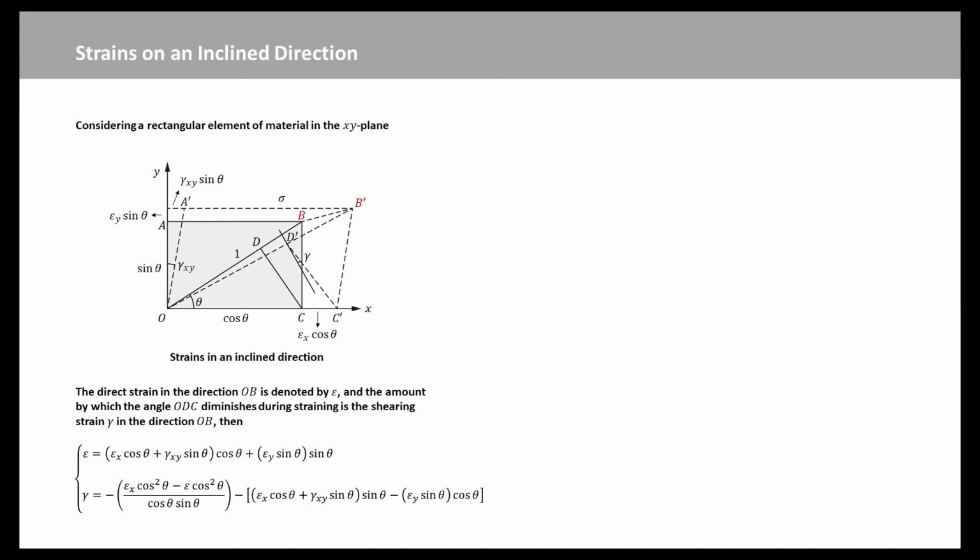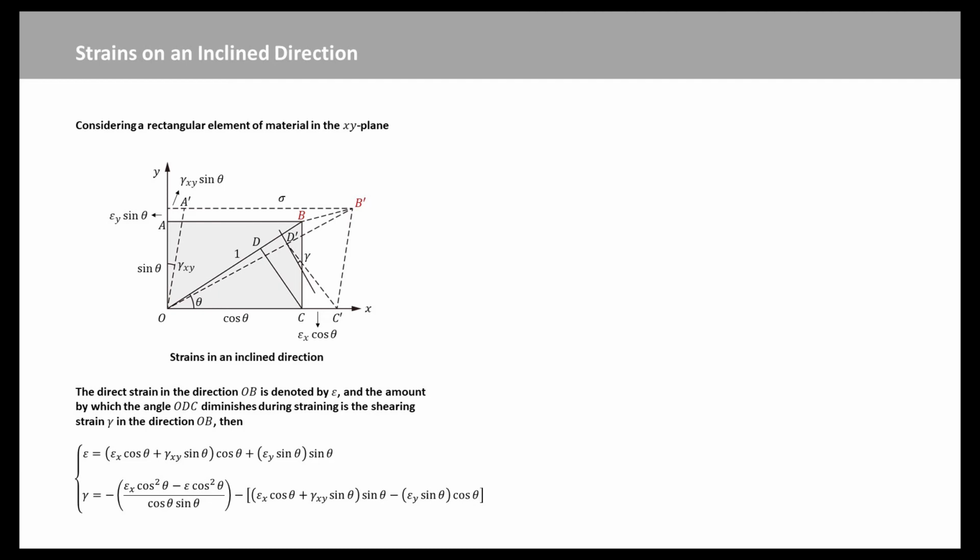If the diagonal OB of the rectangle is taken to be of unit length, the sides OA, OC are of length sin theta, cosine theta, respectively, in which theta is the angle OB makes with OX. In the strain condition, OA extends a small amount epsilon y times sin theta.